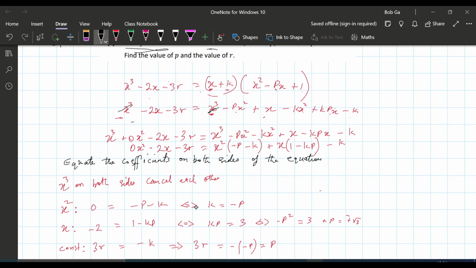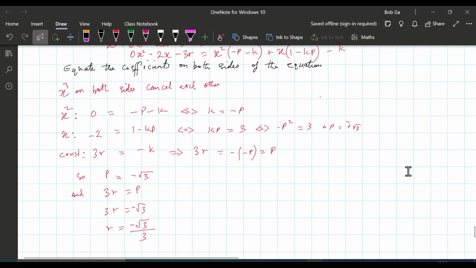So we come back here, and then we say, okay, the coefficient of x squared on the left hand side is 0. The coefficient of x squared on the right hand side is negative p negative k, which is the same as k. If negative p negative k is equal to 0, then we're going to have k equals negative p, because if p goes over here, it becomes positive p.